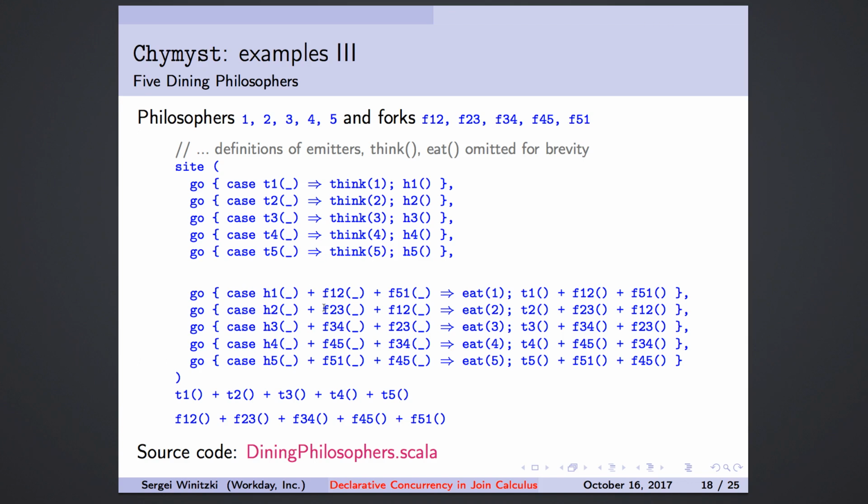The chemical machine does not tell you how it will choose, so that is not deterministic. But it is guaranteed that all the input molecules are consumed atomically, concurrently with all other reactions that are trying to do the same. So it's really your implementation that's solving the dining philosophers problem, right?